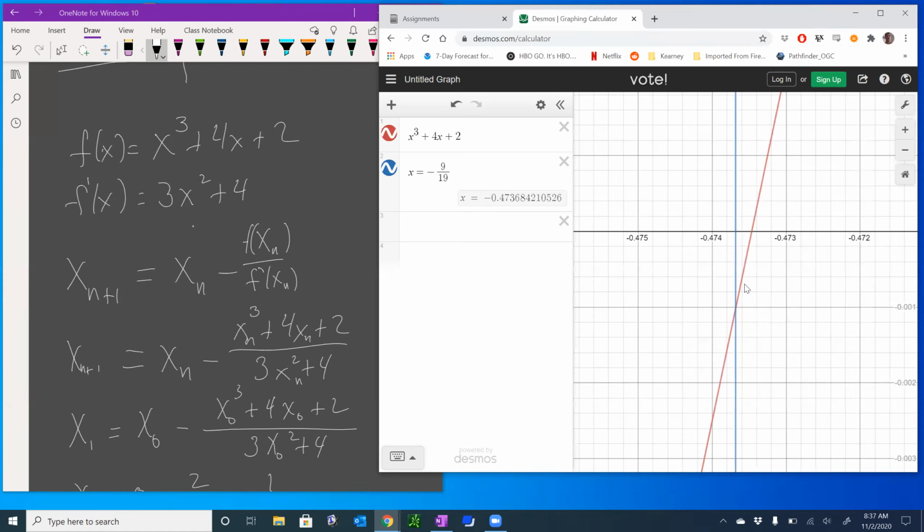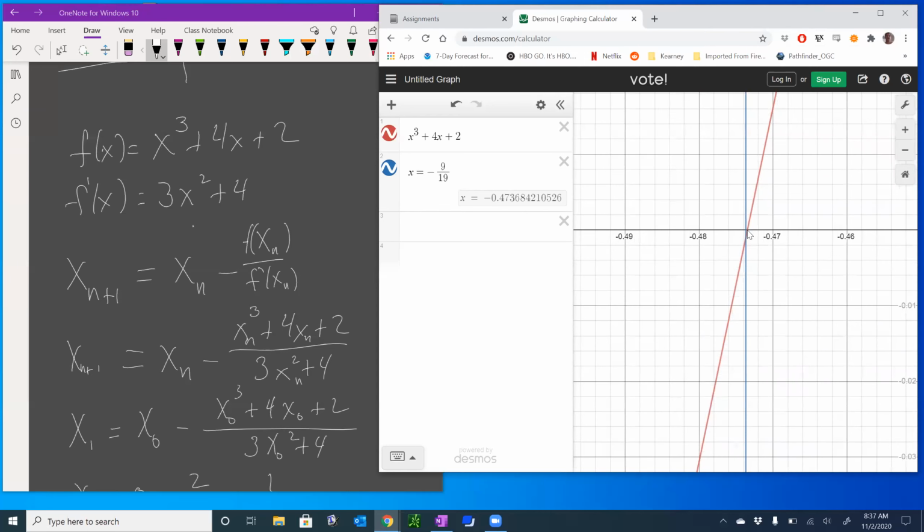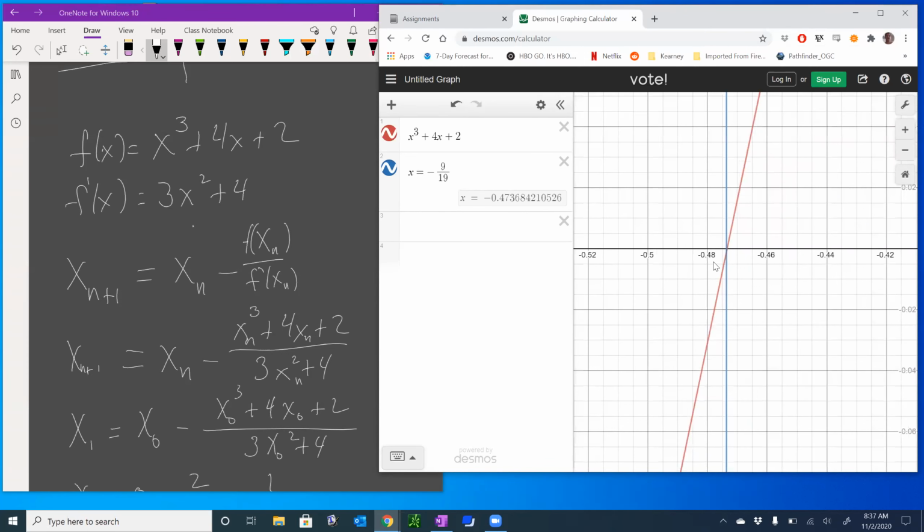Okay. And so what Newton's method is going to do the next time is it's going to take this point, slide down along the tangent line of the red thing, and end up right in there. So it's going to get even closer the next iteration here. Spot on.